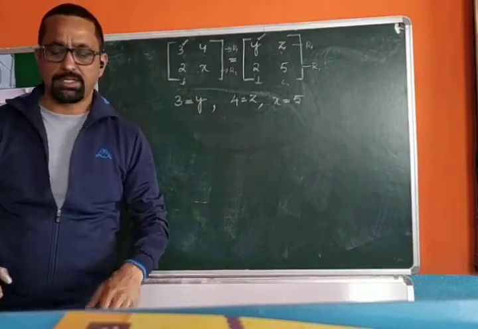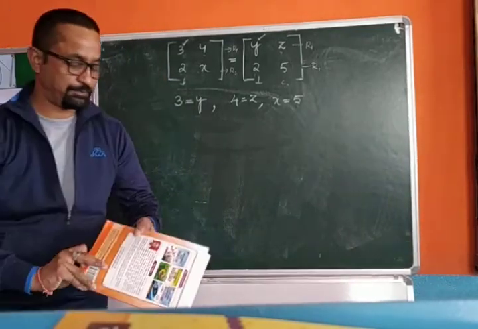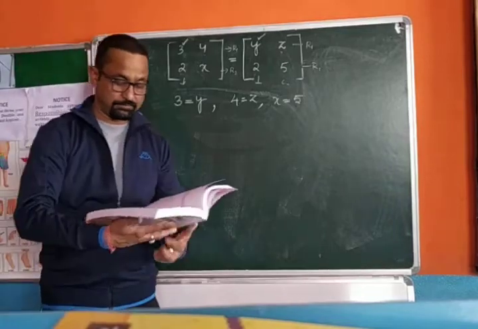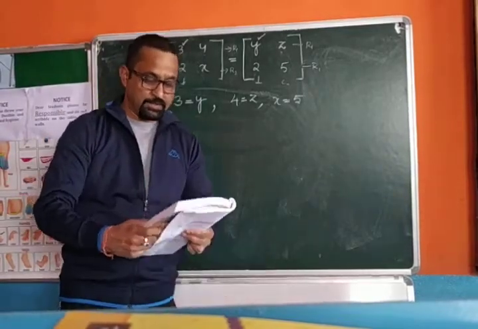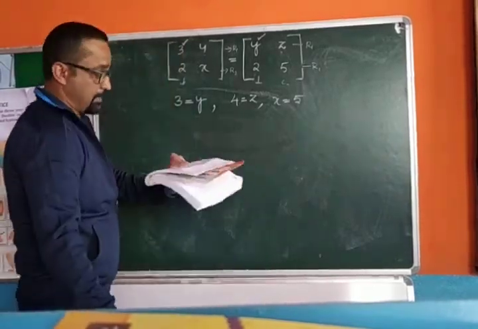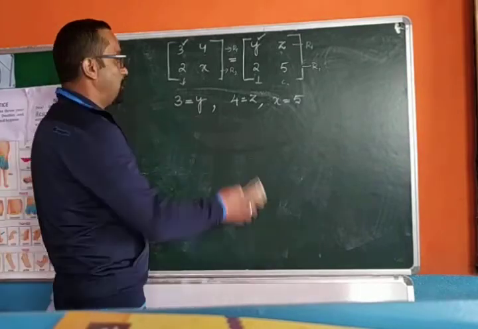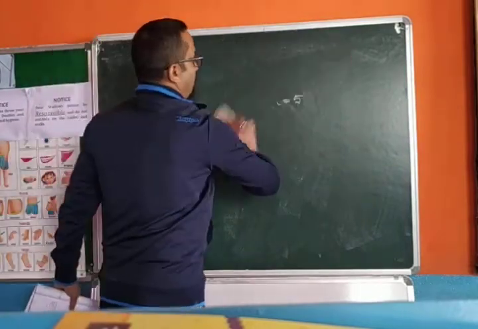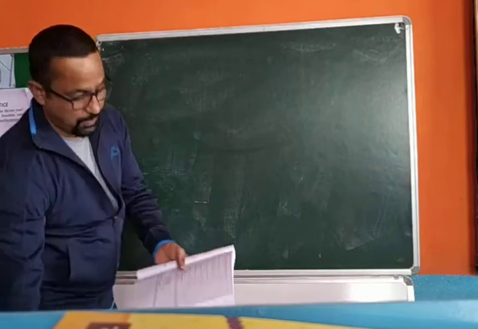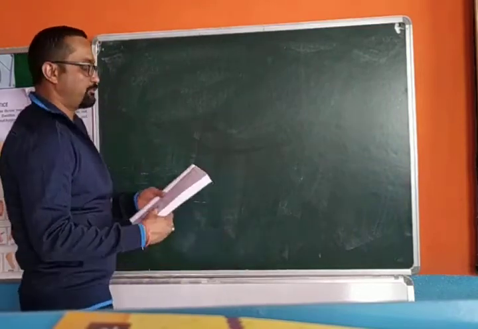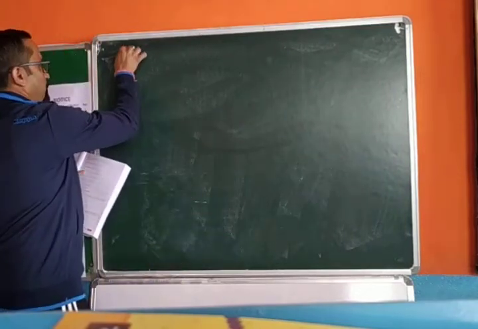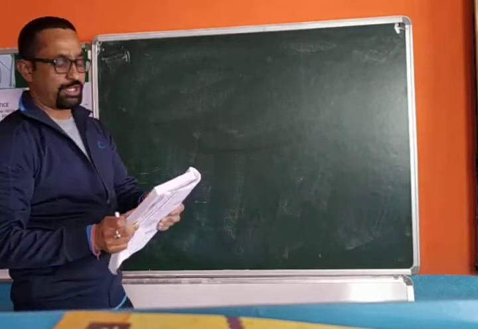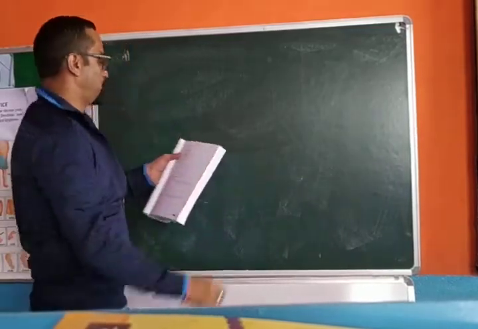Let's consider some examples from the textbook. It is exercise 8.1. Let's do question number 4. You don't have to do number 1, 2, 3 and all. Look at this.